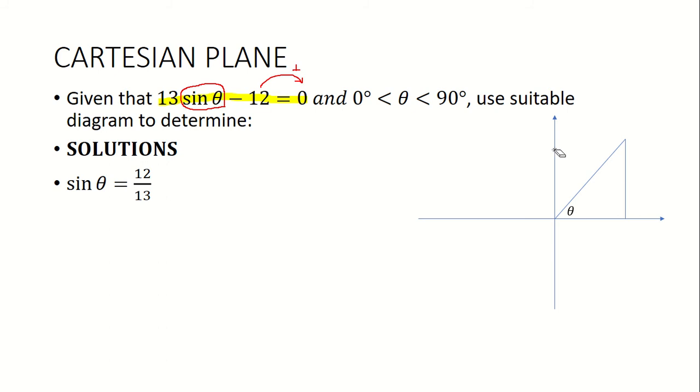So basically they've just told me that my angle is between 0 degrees and 90 degrees. So that is where my angle lies. My angle lies between 90 degrees and 0 degrees. Okay, that is why I had to draw my diagram in the first quadrant.